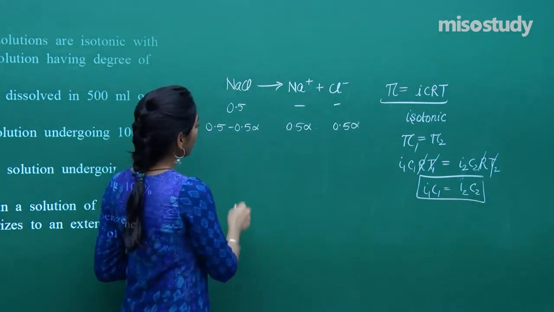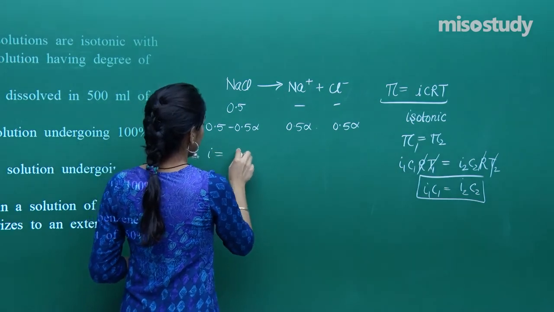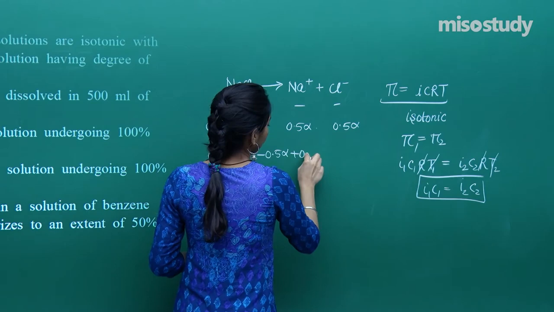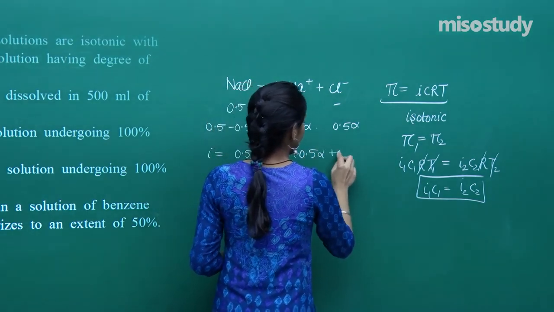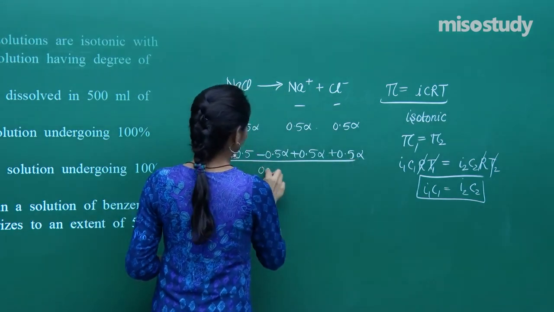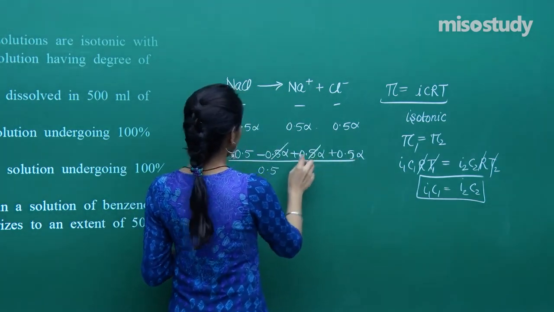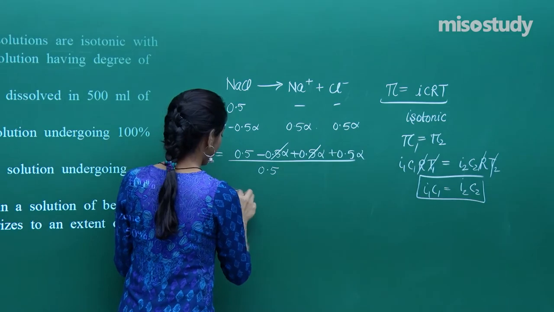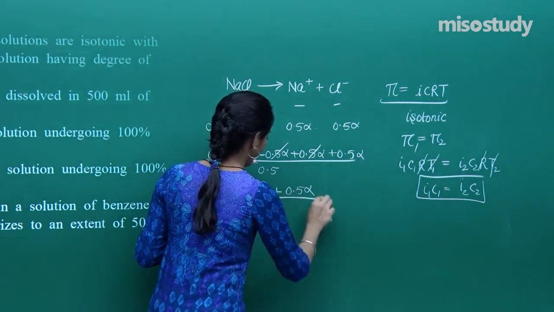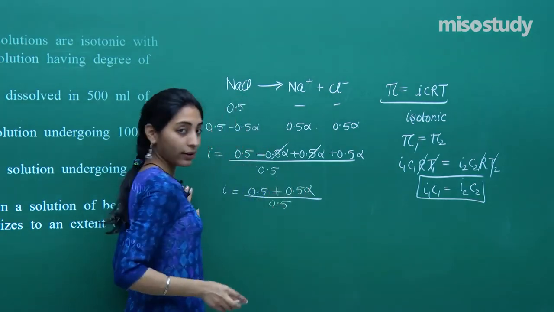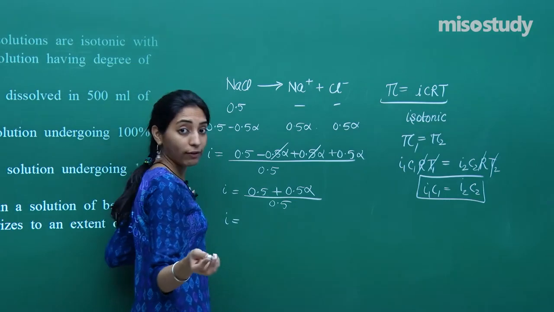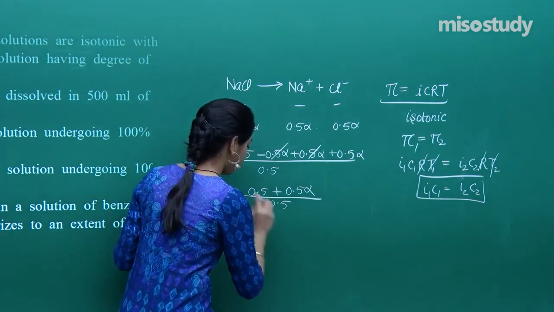What should be the value of i? It is 0.5 minus 0.5 alpha plus 0.5 alpha plus 0.5 alpha, divided by 0.5. This and this will get cancelled. So the i value will be 0.5 plus 0.5 alpha divided by 0.5. This is quite simple: 0.5 will be common, so 1 plus alpha.